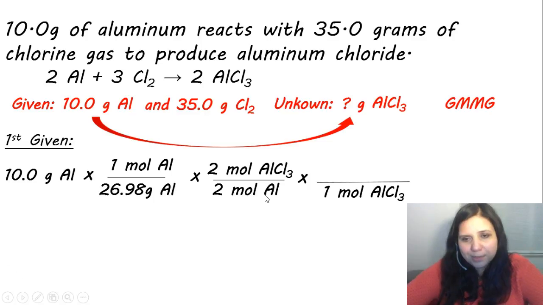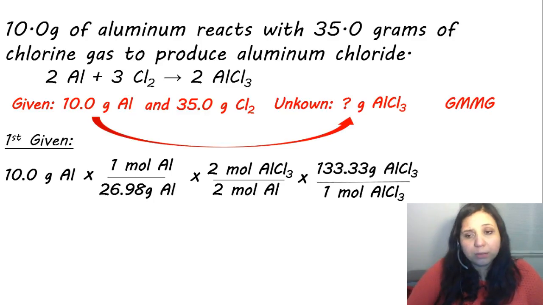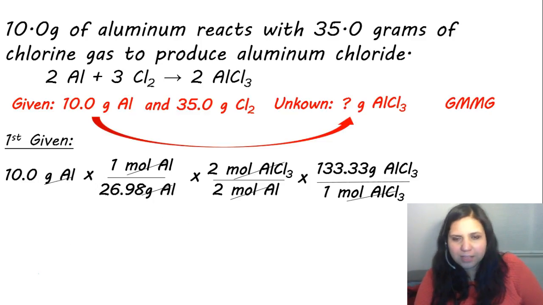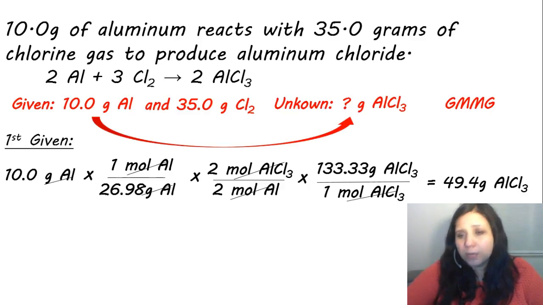I have to add up aluminum and chlorine. So 1 aluminum and 3 chlorines ends up being 133.33 grams. If you don't believe me, go ahead and you calculate it. All right. So then cancel out all my units. Make sure that they cancel. Great. Everything looks good. Solve it, and I get 49.4 grams of aluminum chloride.